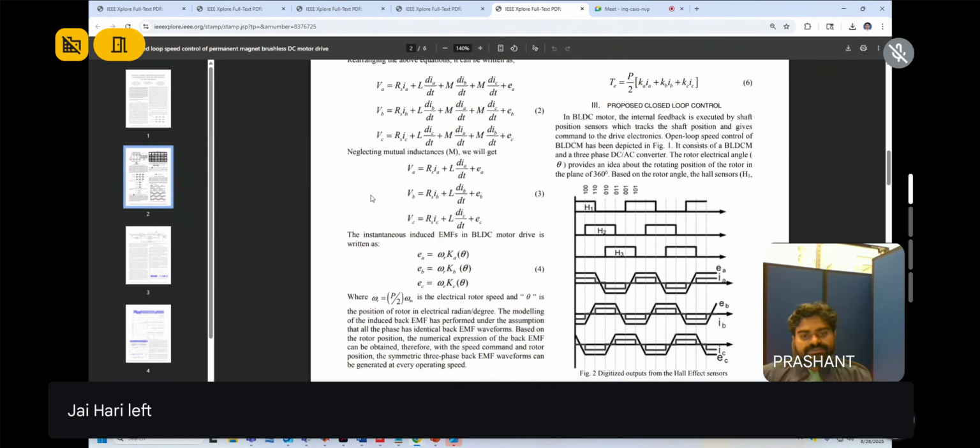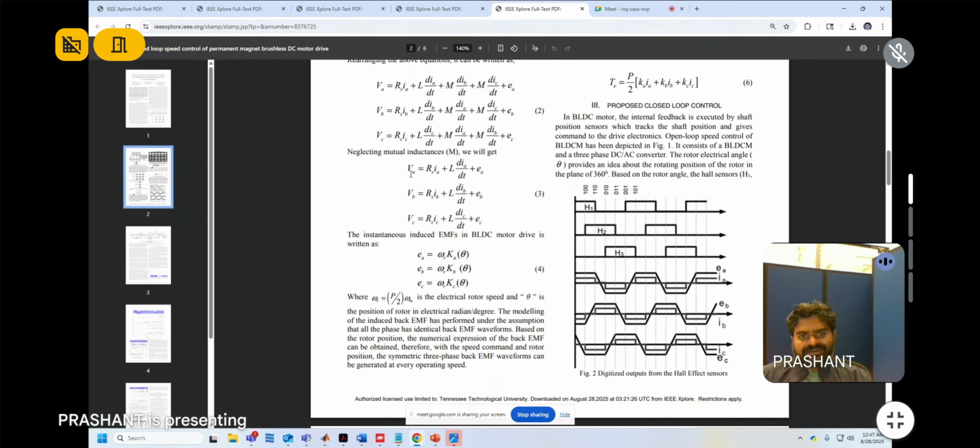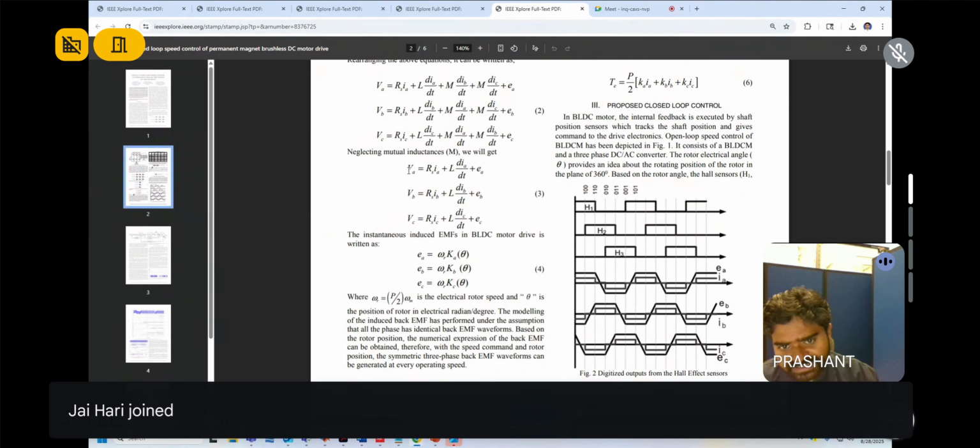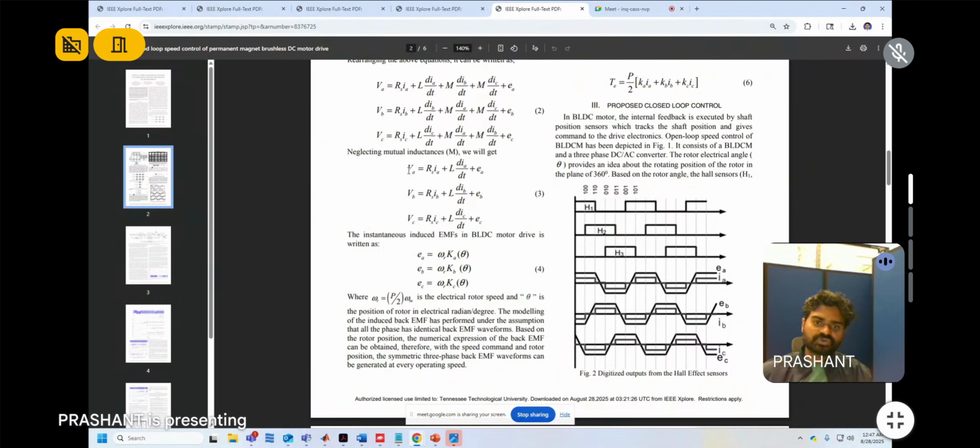Now, some assumptions are made and it has been simplified to the three phase voltage equations. V is equal to IR plus L di by dt plus EA. This is the general voltage and phase back EMF relation with the stator phase currents in terms of the resistance and the inductance. So this is nothing but the voltage equation.